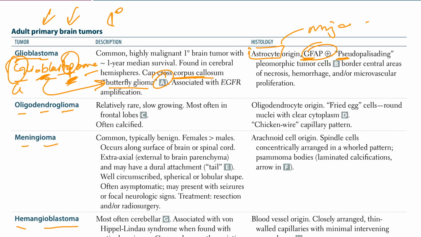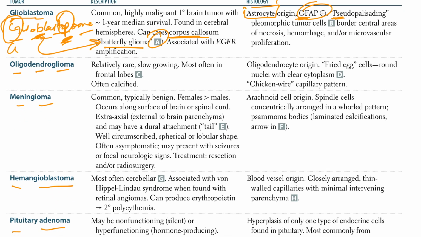Then the next one is oligodendroglioma. They are rare and slow growing, most often in the frontal lobes, often calcified. Oligodendrocyte origin, as the name suggests, oligo, right?